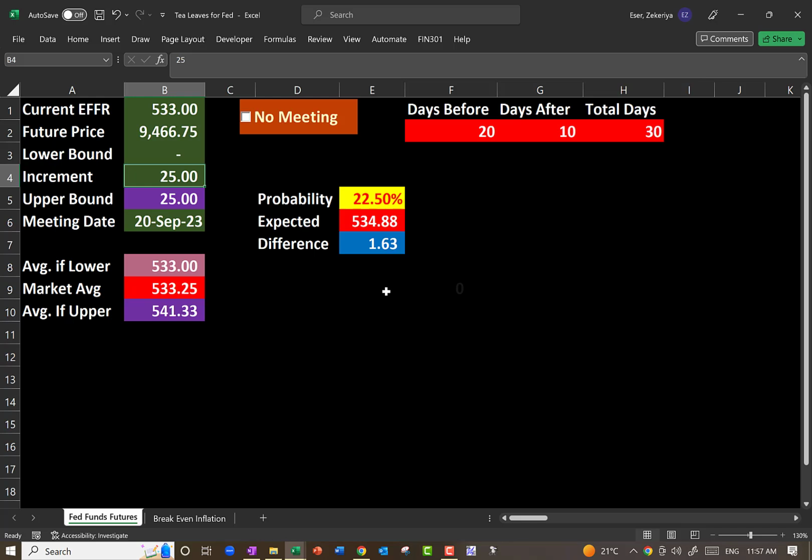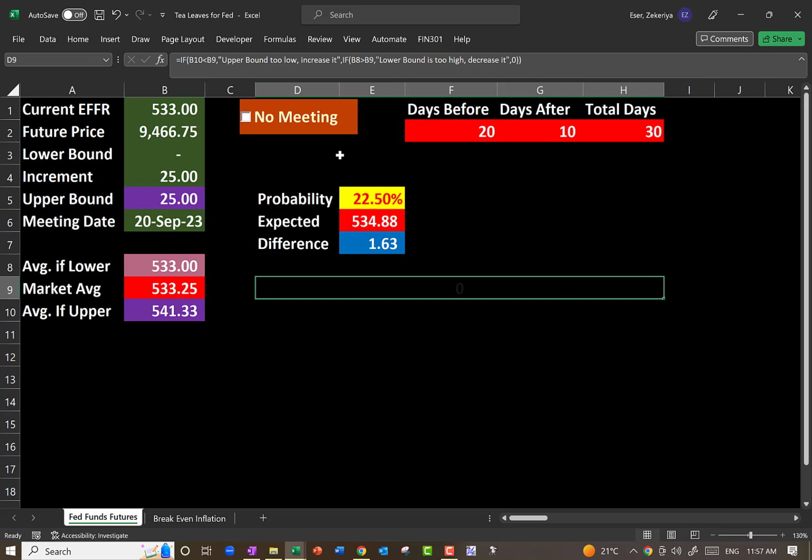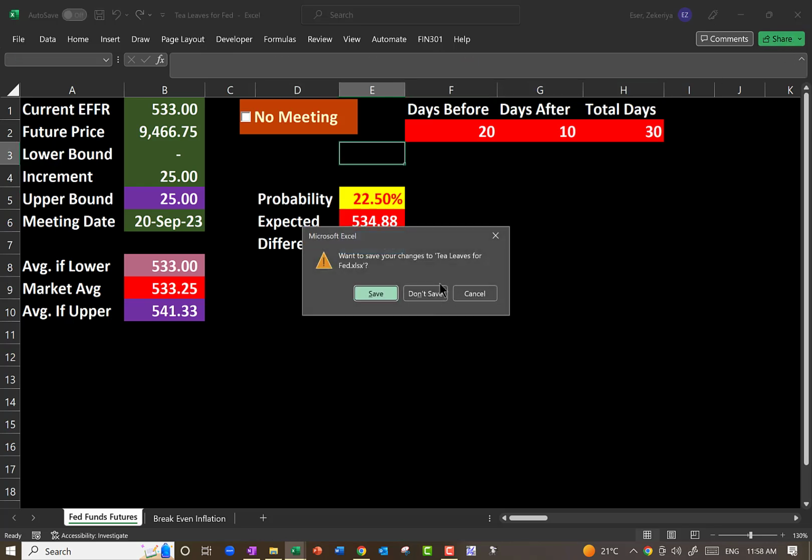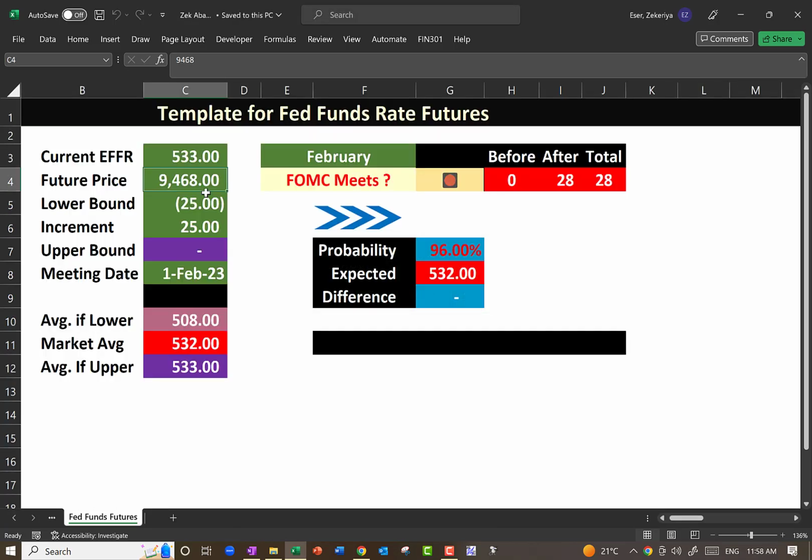If that white cell goes away, that means, because I calculate the average if it is the lower end, I calculate the average if it's the upper end, and this is the expected using the probabilities. I'm in the wrong place, I'm sorry. Okay.